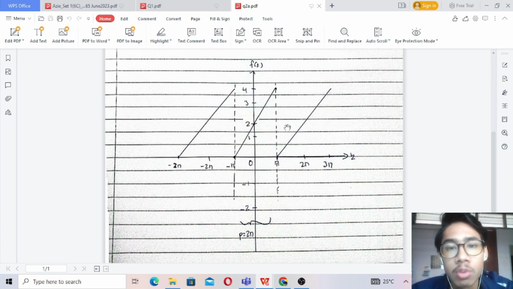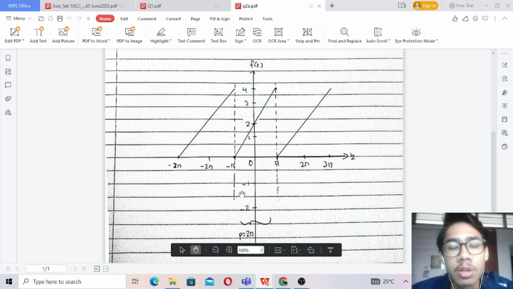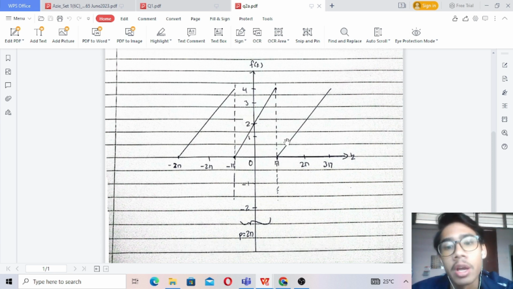So we plot first pi and 4, the y-intercept is 2, and negative pi and 0. So we draw. Since the limit is negative pi to pi, this is the period of 2 pi. So we draw another line until 3 pi, and negative 3 pi until 4.